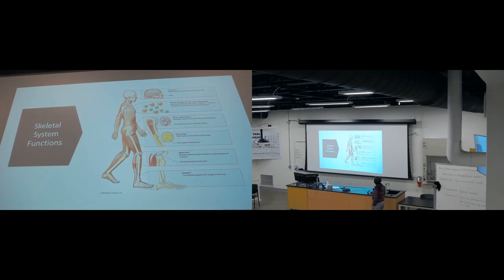So here is the summary of the functions: protection of vital organs like the brain, in this case the skull protecting the brain, and then a storage of calcium and phosphate, and then production of blood cells in the marrow, red marrow, or storage of fat in the yellow marrow, and then movement and point of attachment for muscles.